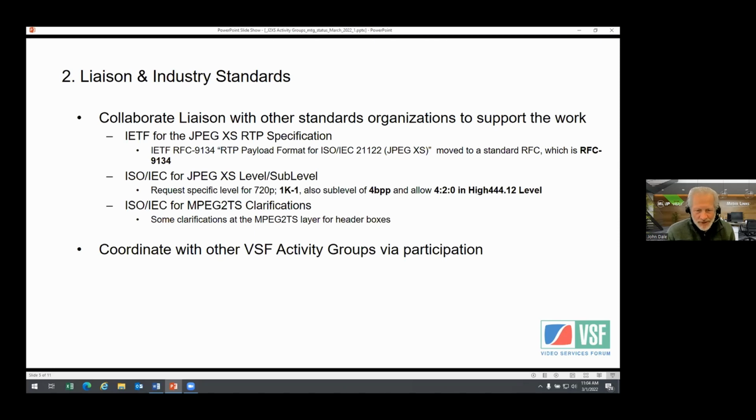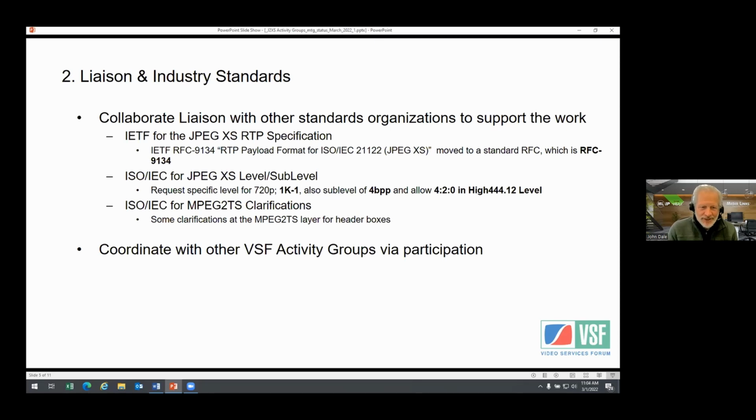You see in bold there that we've asked for a 1K-1, which is sort of the lowest resolution level, and also a sub-level of 4 bits per pixel, and then also to allow 420 sampling in the high 444.12 level. So those were requested, and those are being added to their documents.